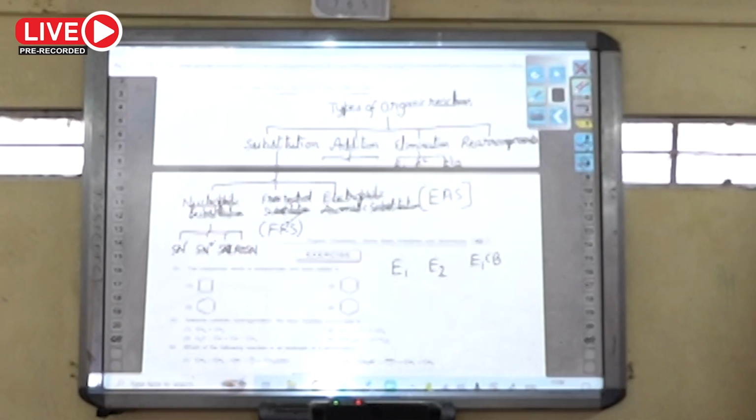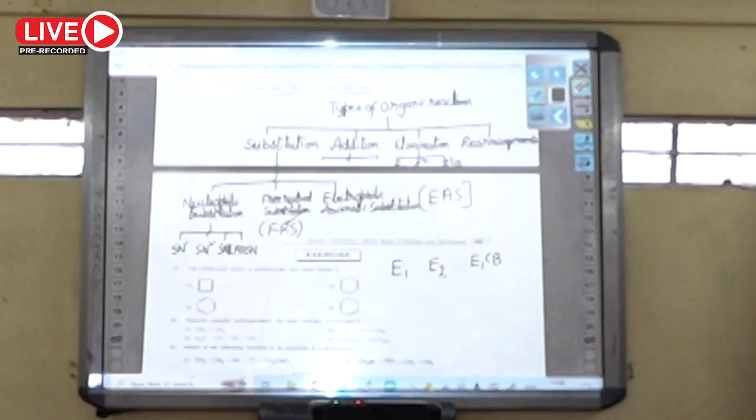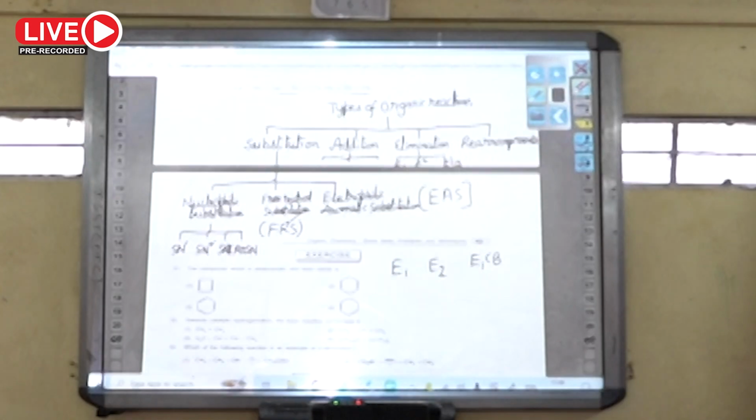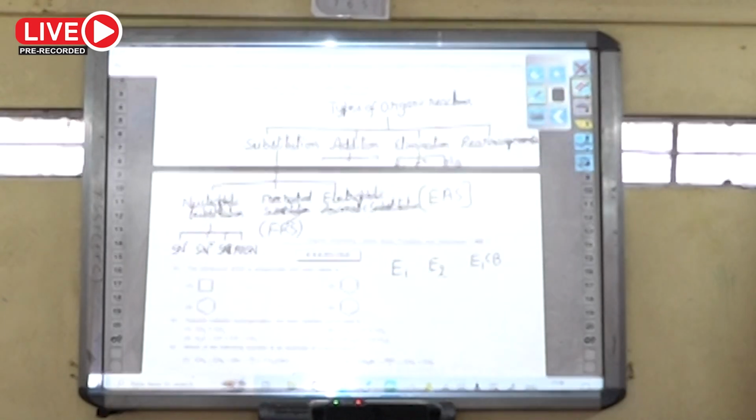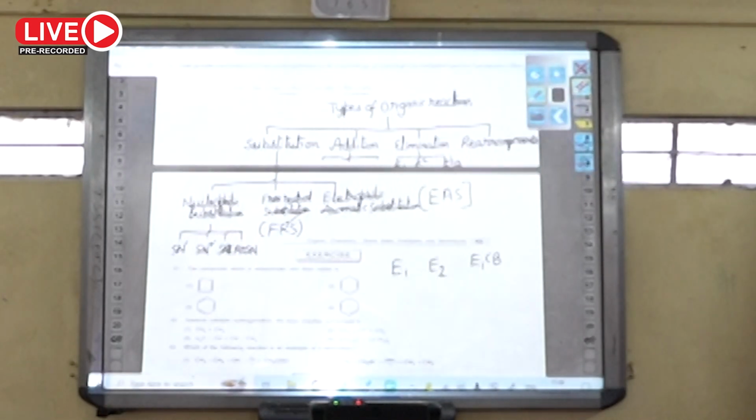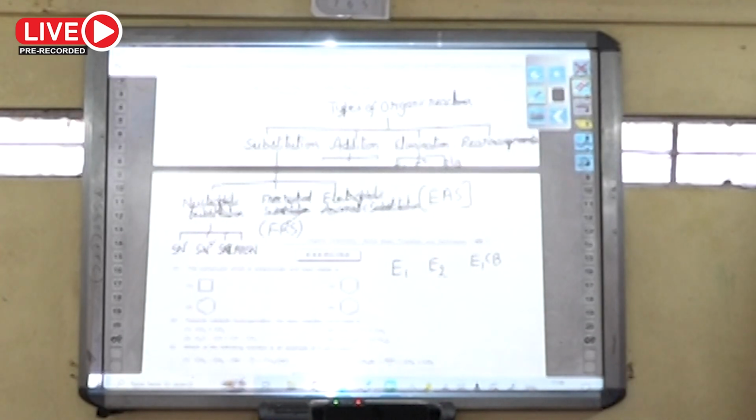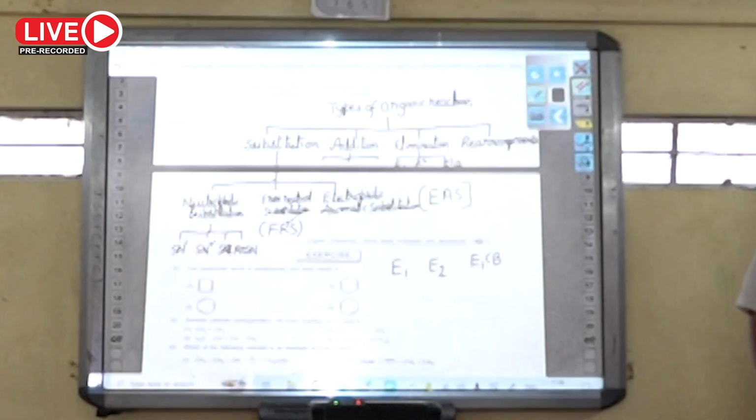Nucleophilic additions. Free radical additions are found in anti-Markovnikov's addition, where we study under the heading of anti-Markovnikov's, Russian name, Markovnikov's addition.